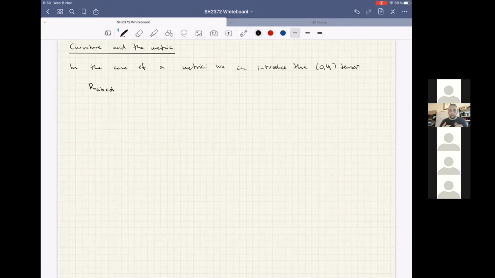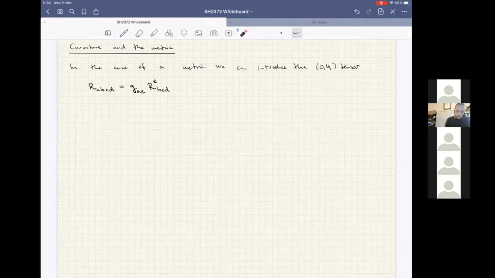It has 4 covariant indices, and we obtain that tensor just by lowering the upper index of the Riemann curvature tensor. One can consider them to be in one-to-one correspondence, and sometimes you will just refer to this as the curvature tensor as well, with all indices down.